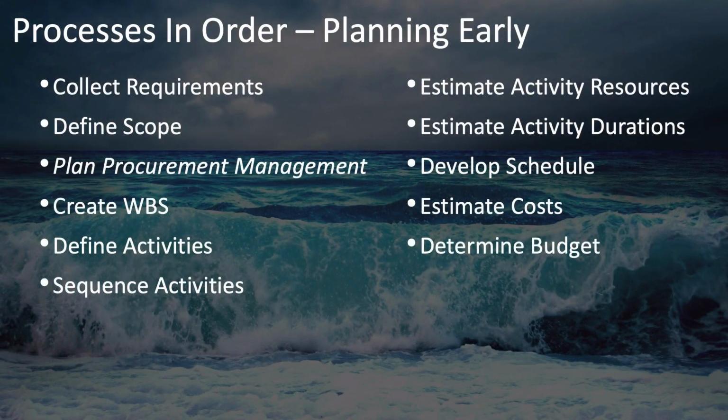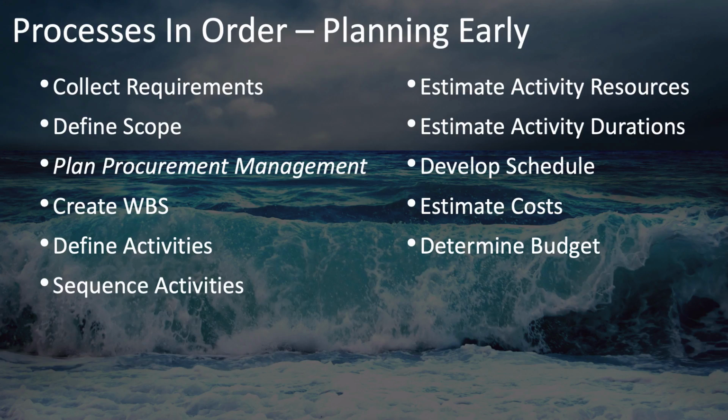Now, if you have developed all of your management plans early, once those are done, you can then begin your other planning processes, and these have a pretty natural order to them. The first would be to collect requirements, then define scope.